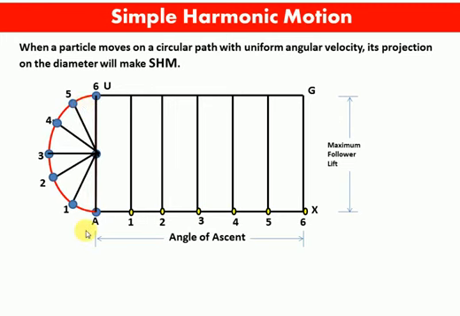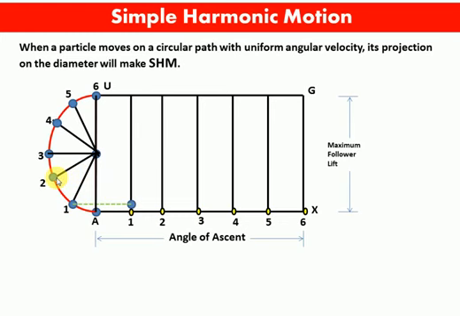Now point 1 on the semicircle meets with point 1 on the angle of ascent, that is, we draw a horizontal line from point 1 on the semicircle until it meets the vertical line 1 at a certain point.